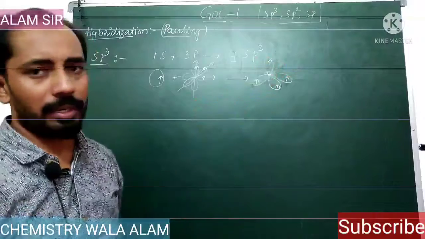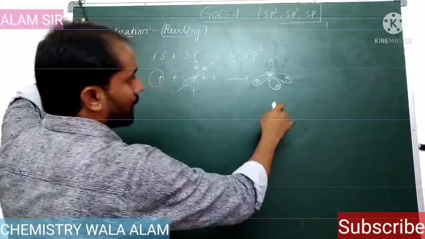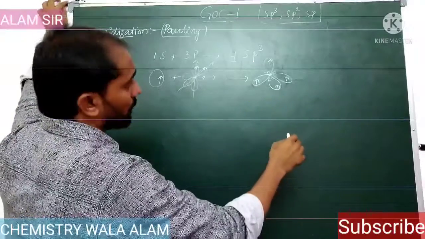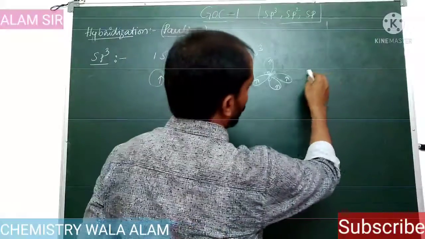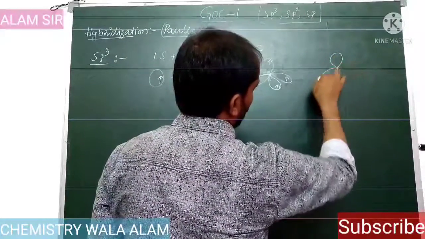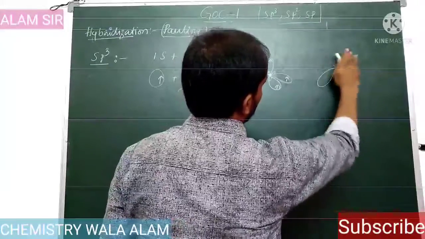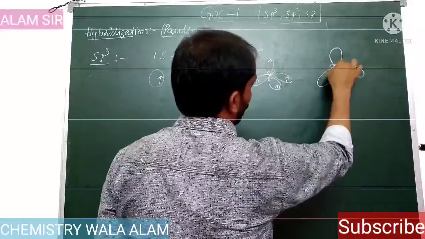Now this is the carbon atom, and it can overlap with hydrogens. Here this is 1, 2, 3, 4.